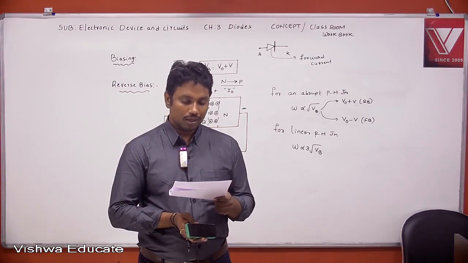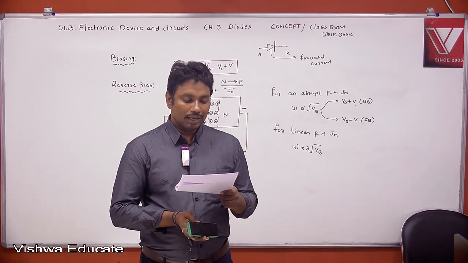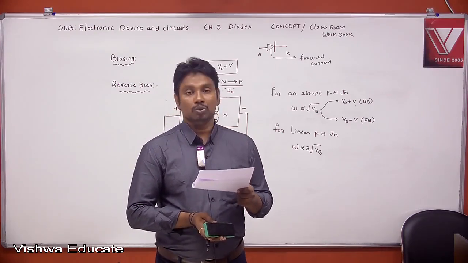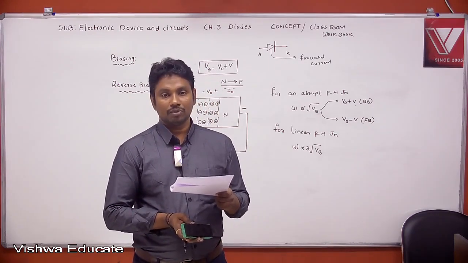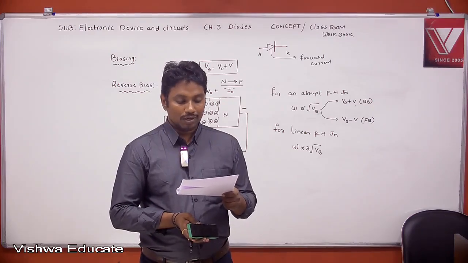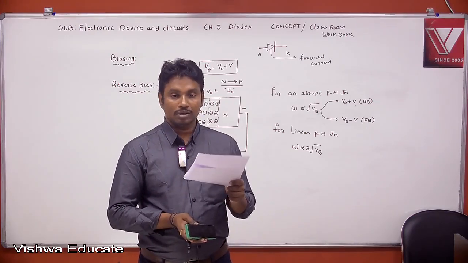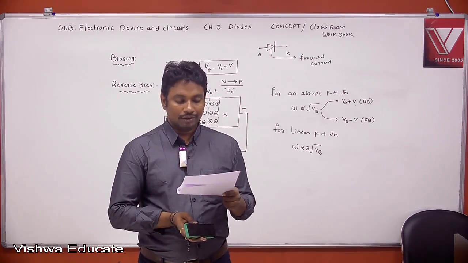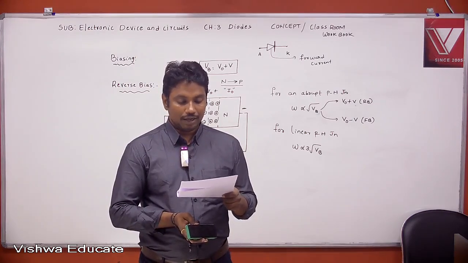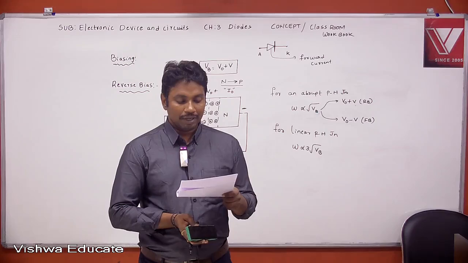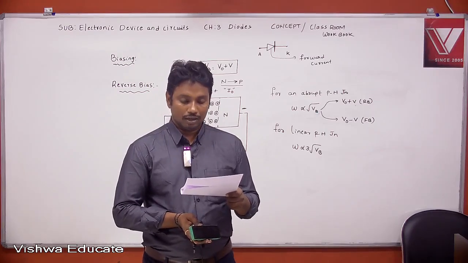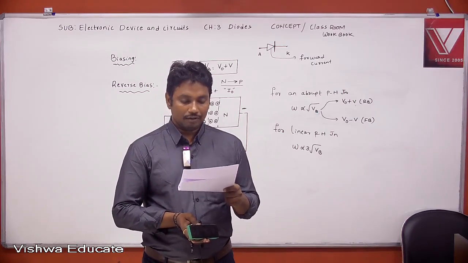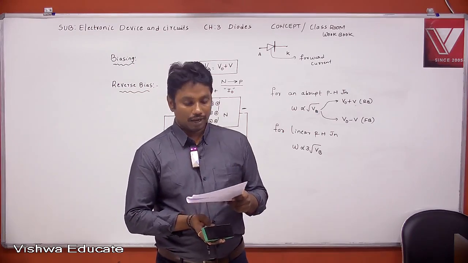If the reverse voltage is increased to 7.3 volts, then the depletion width will be?